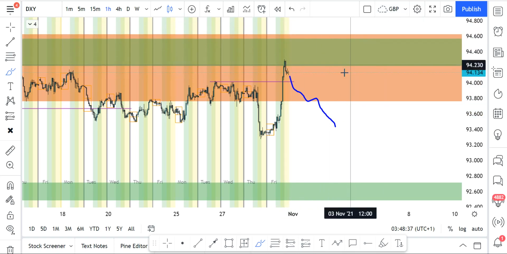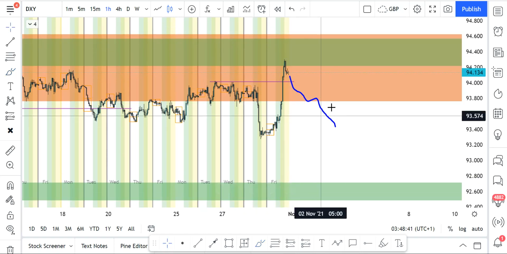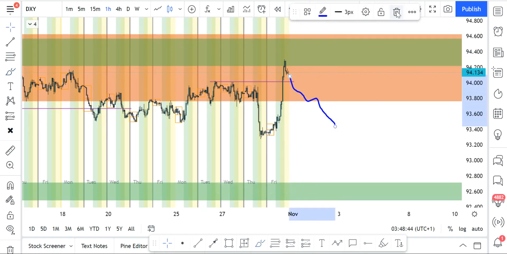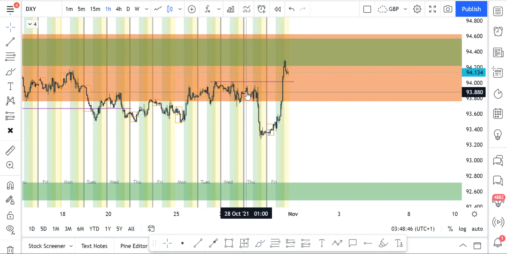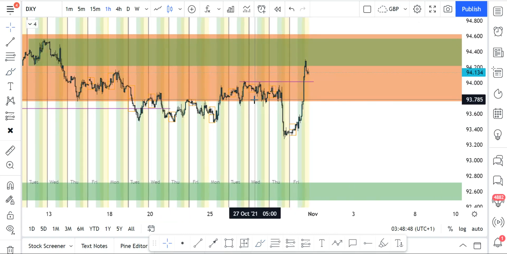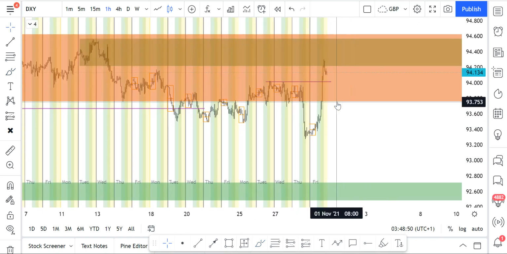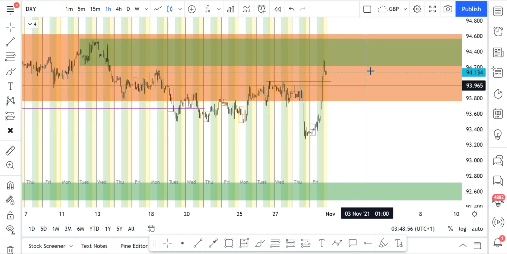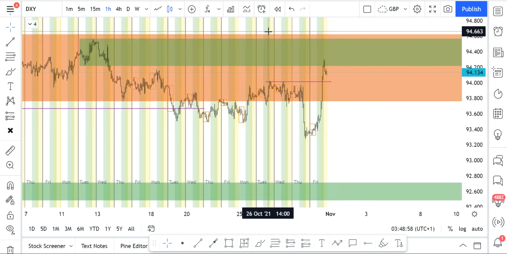So these are likely to happen on this index, which is the DXY. That's what we have for DXY. Likely this week we may see price flow to the downside a little bit before continuing the movement to the upside.